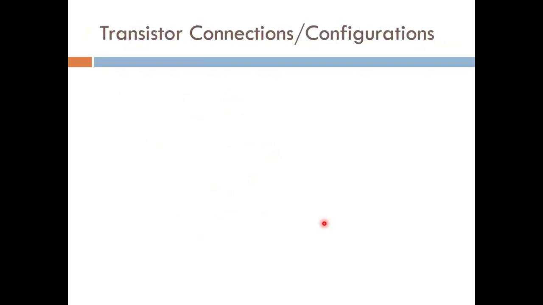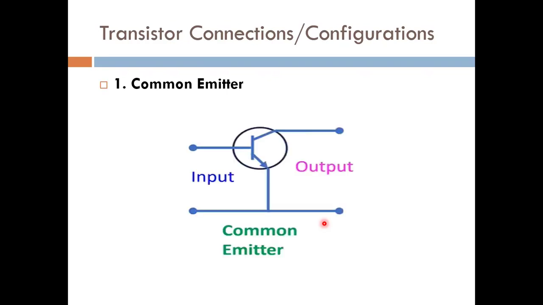Now, there are few possible connections or configurations in the transistor. So actually these are three connections or configurations, as there are three terminals. The first one is common emitter. It means in this configuration, this emitter terminal is common in between input and output.